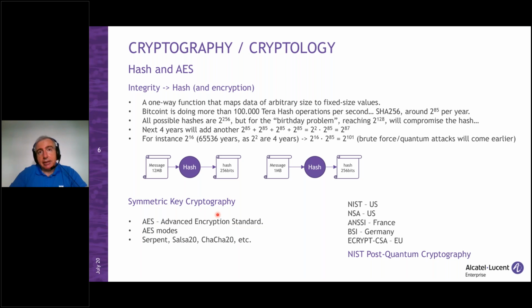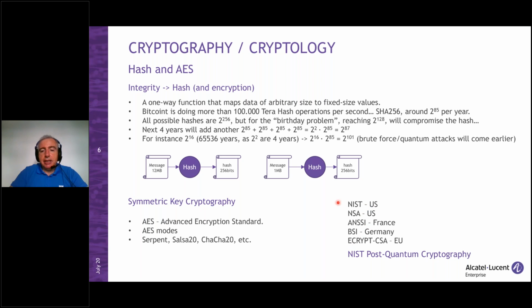And this and the coming information we are going to share with you is basically driven by these entities: NIST and NSA from the US, then ANSSI from France and BSI from Germany. And then we have ENISA CSA, which is an effort of the European Union to try to be relevant in this space of cryptology.